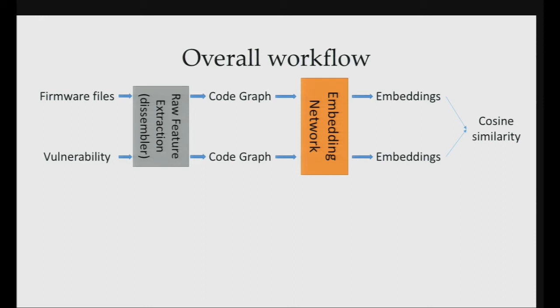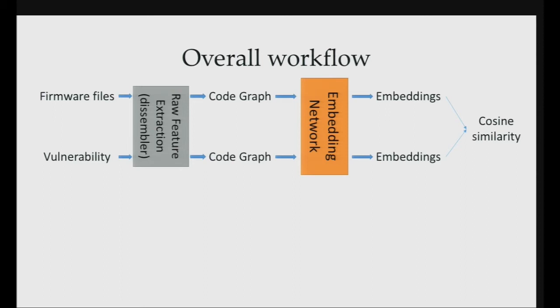Then we can use a disassembler to extract them into a code graph, which is typically a control flow graph. Each node represents a code block. And then we can convert them into a graph with each node using an attribute vector.